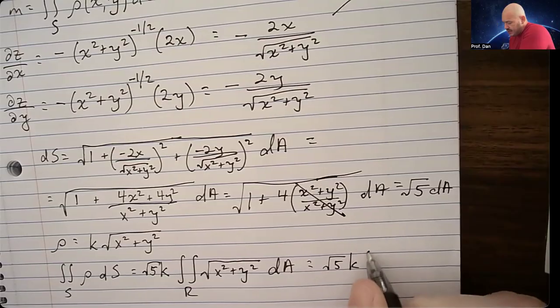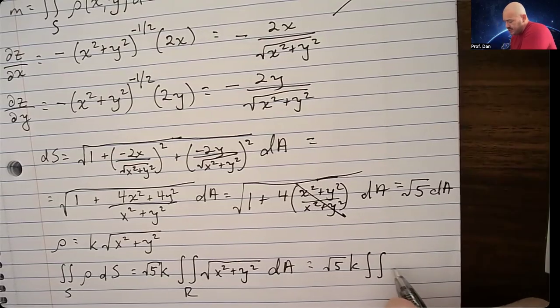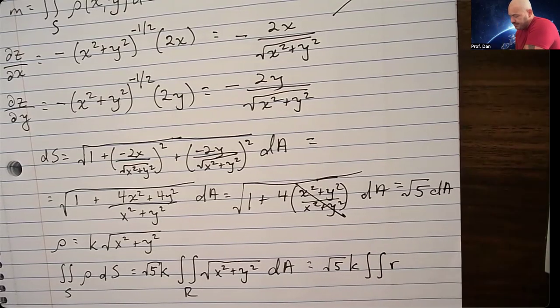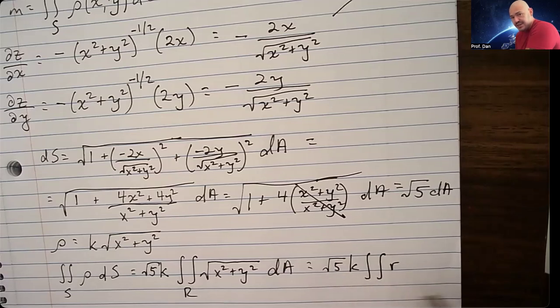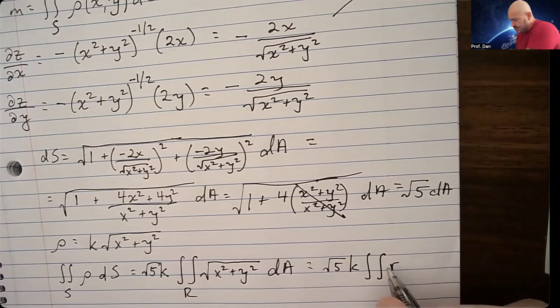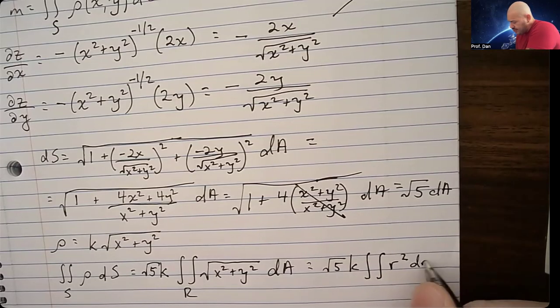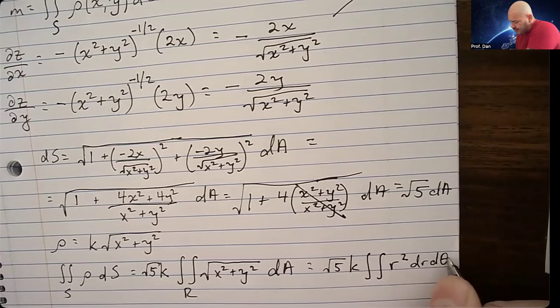So I know that my integrand is going to be r. How do I rewrite dA if I'm in polar coordinates? R dr d theta. So multiply by the r that's already there, we'll get r squared dr d theta.